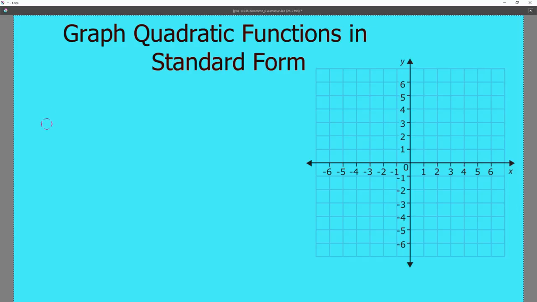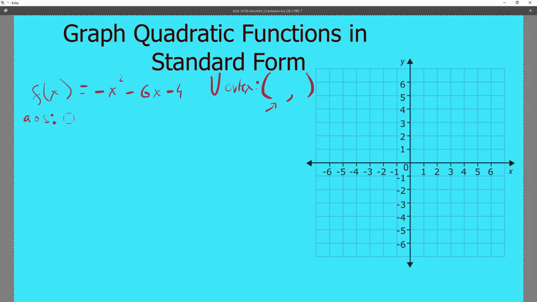So here I have f of x equals negative x squared minus 6x minus 4. Your vertex: this point is your axis of symmetry.